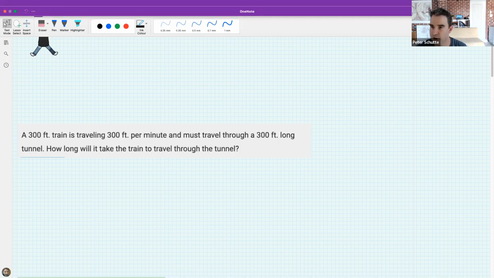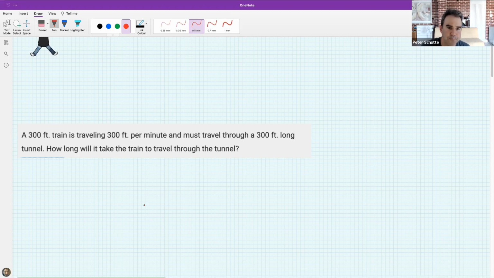So I see a lot of people are saying 1 minute. I'm not a very good artist, but whatever. There's my tunnel. What does the train look like? Okay, my train's got lots of wheels on it. It looks more like a lorry, but anyway.